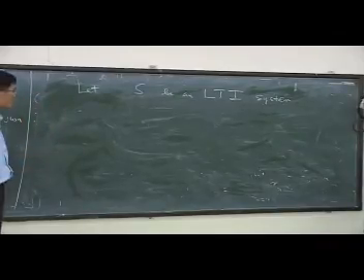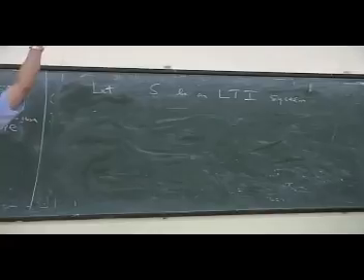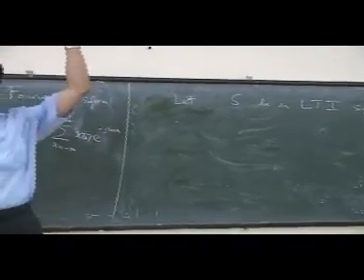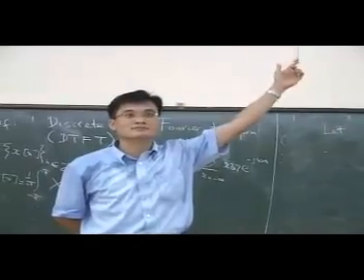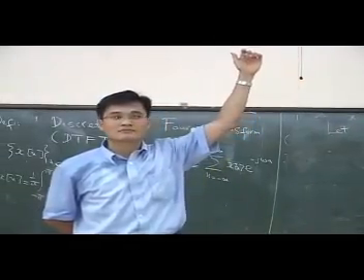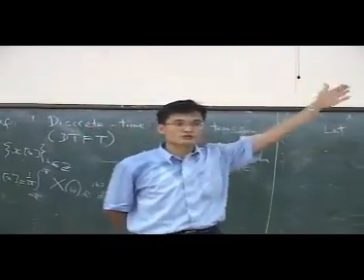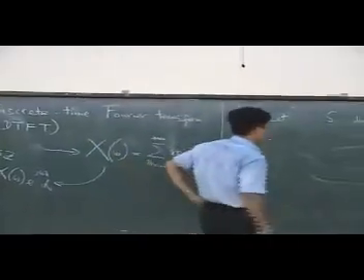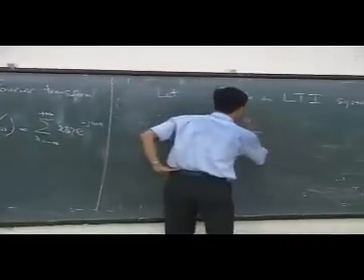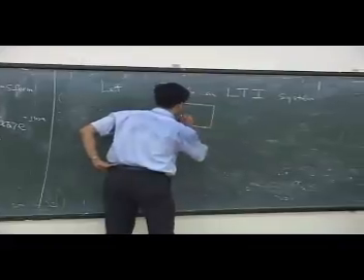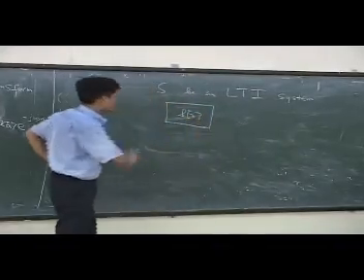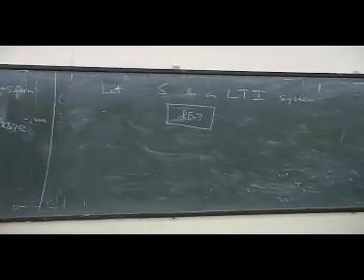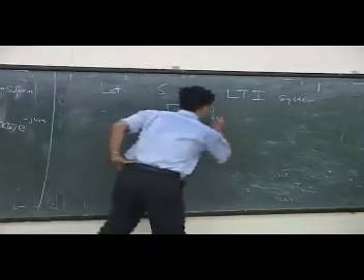We know this from before. If I have an LTI system, what do you remember from the first lecture? How can I describe the system? I use the impulse response, right? So let the system have h as its impulse response.